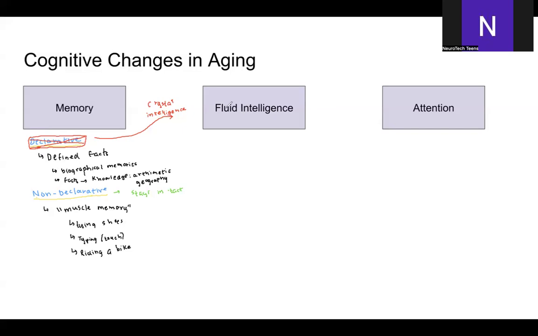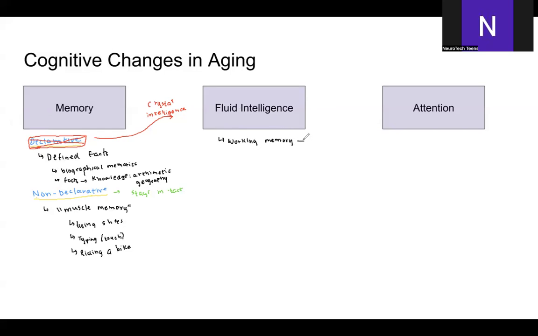Okay? And the next thing that can slightly decline throughout aging is your idea of working memory. So, a lot of chapter 4 review here. I hope you guys remember working memory.